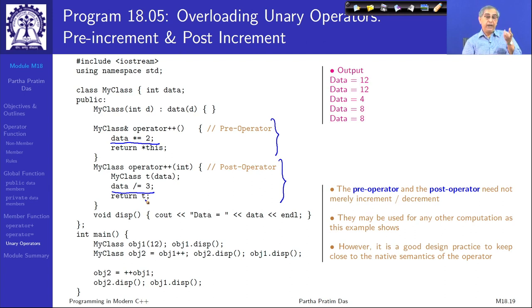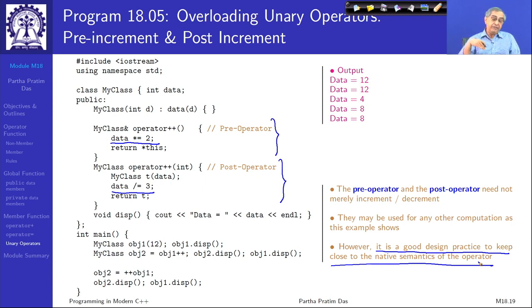So, when I do that, it becomes a map to that particular operation, but it is usually a good design practice that you keep the semantics of the object or semantics of the type as close to the built-in type as possible.